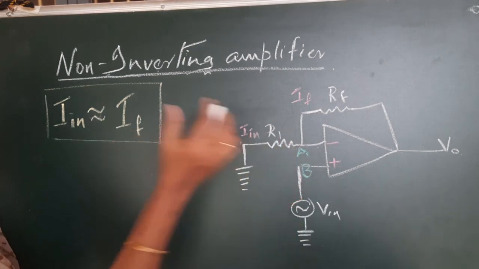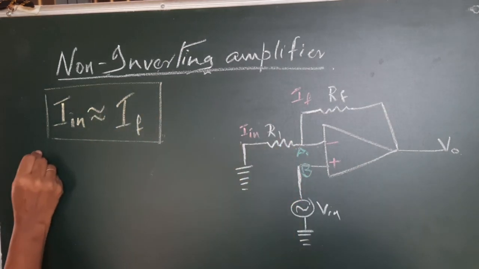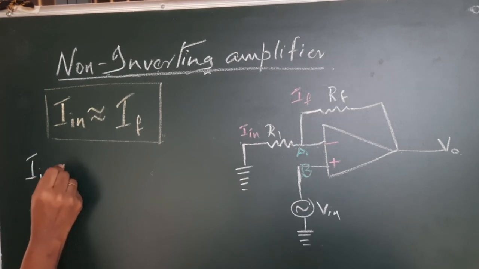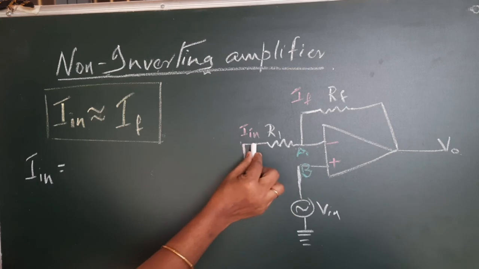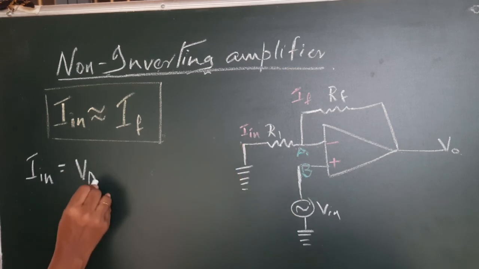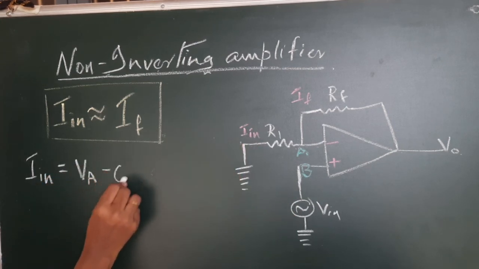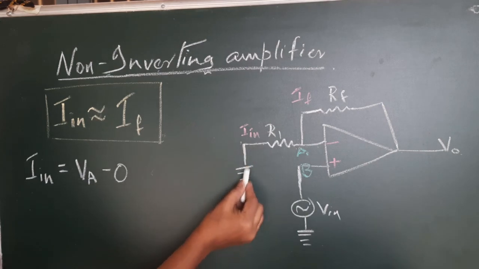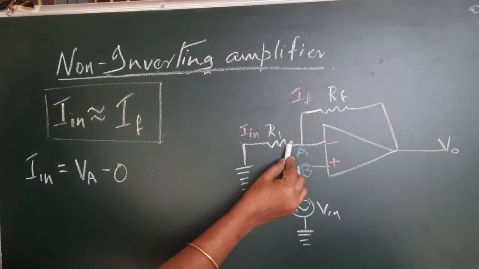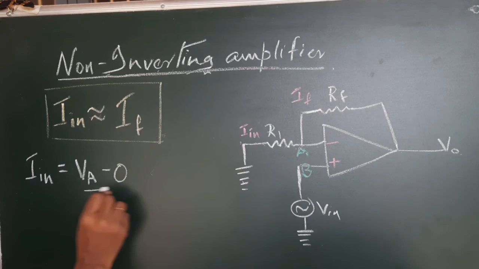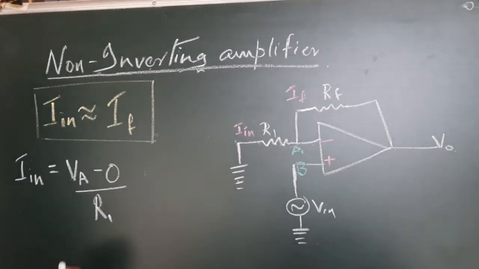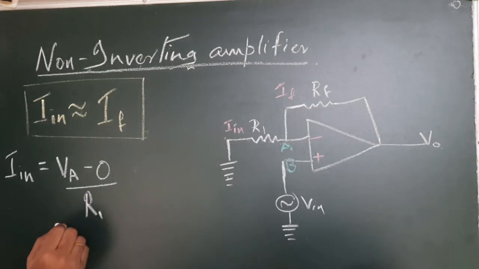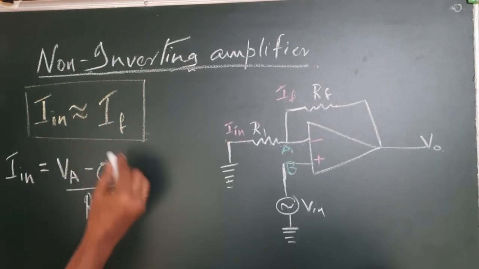So in order to find the current I in, we can write it as VA minus 0, divided by resistance R1. VA is the potential at one end, and 0 is the potential at the other end. Now this is equal to IF.